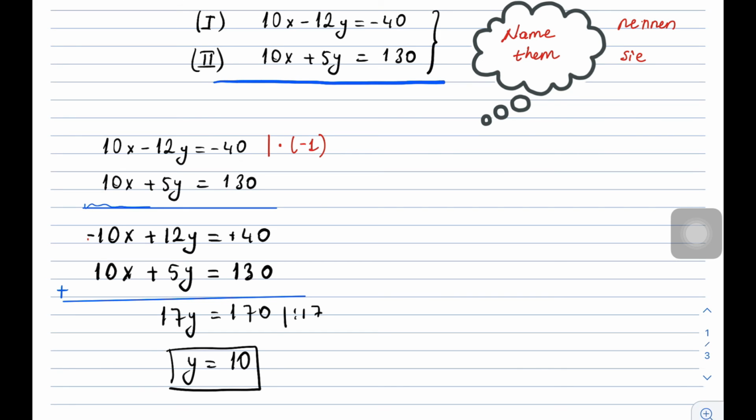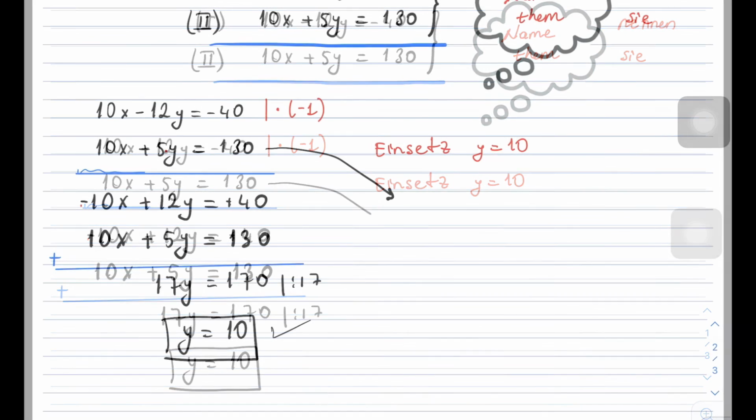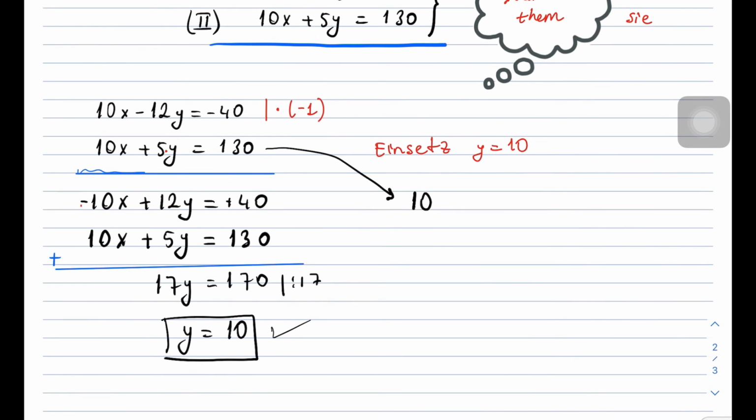All right, let's einsetzen. Y is equal to 10. Where? It's here, the second equation. Then 10x plus 5 times 10 is equal to 130.